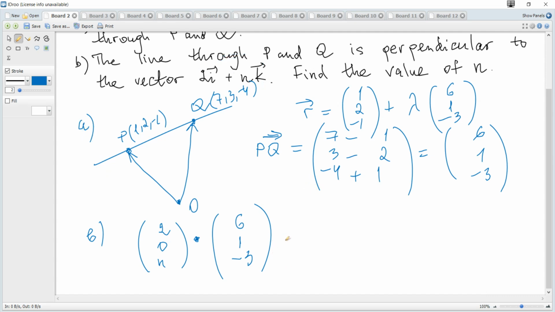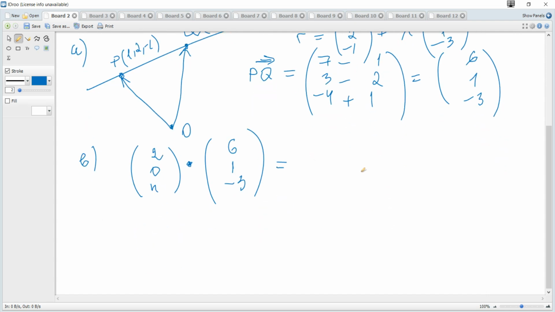So the dot product is 0, and how do we find the dot product? x by x plus y by y plus z by z. So it becomes 2 times 6 plus 0 times 1 plus n times negative 3, and is 0.